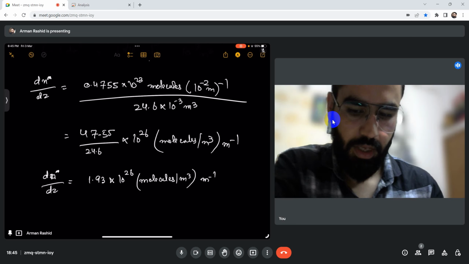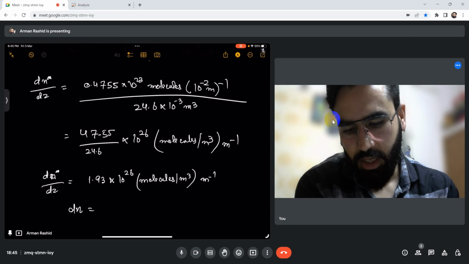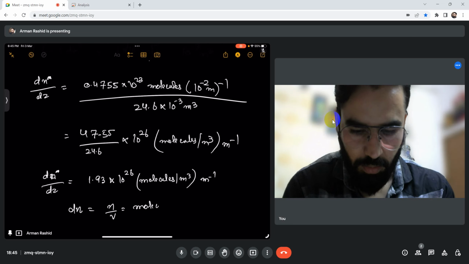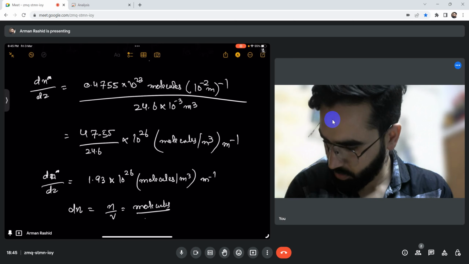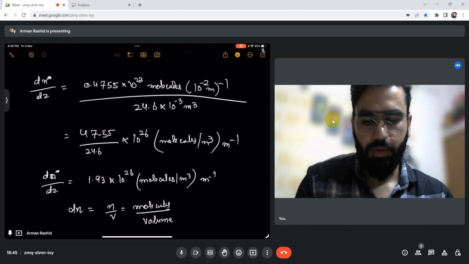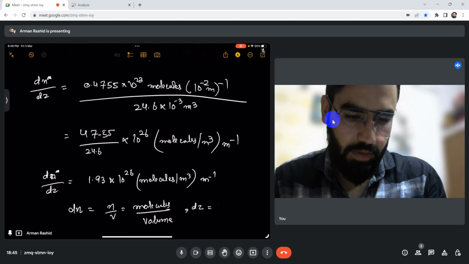Okay, so if we know that this dn is n by v, the units of dn will be molecules per unit volume, right? Molecules per unit volume. And the value of dz will be meter.